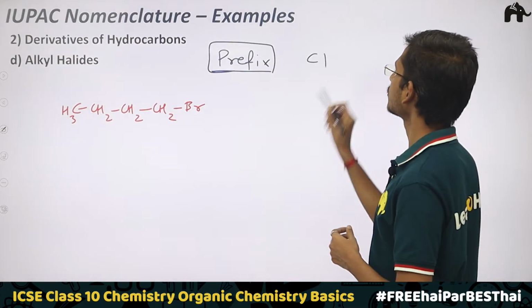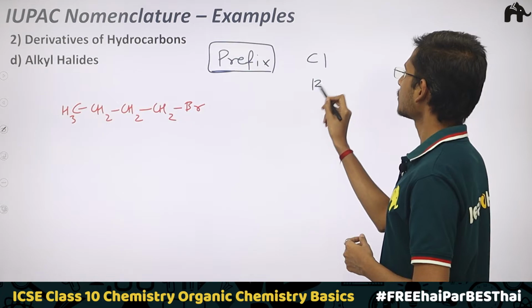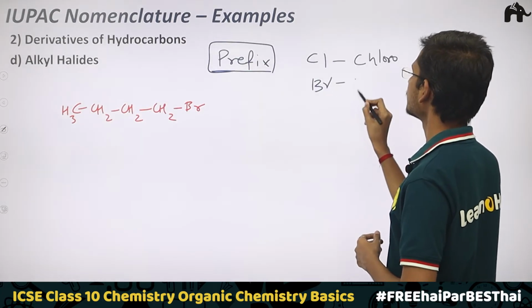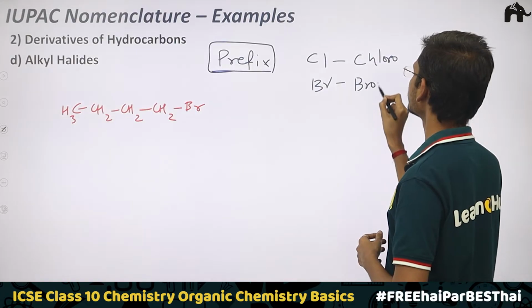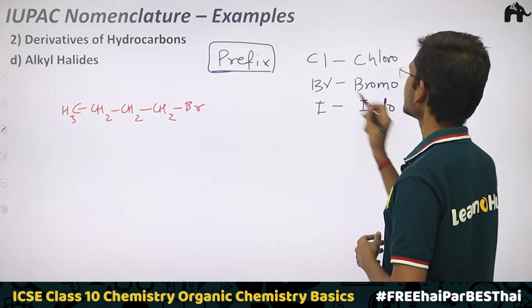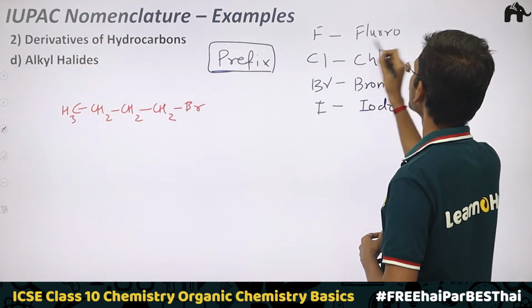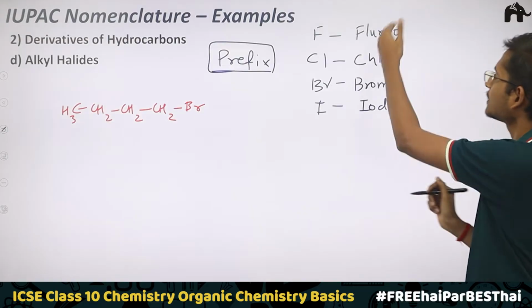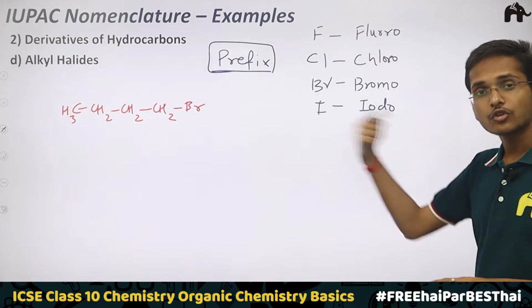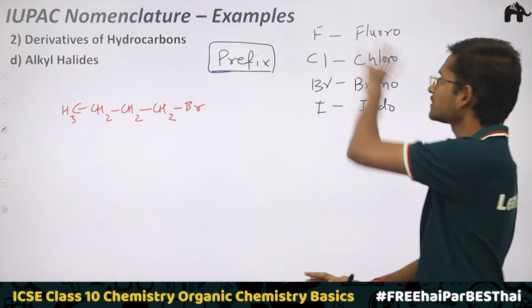If chlorine is there, we write "chloro" as the prefix. If bromine is there, we write "bromo". If iodine is there, we write "iodo". And if fluorine is there, we write "fluoro". So these are the names which we write as prefixes before the root word if a halide functional group is present. You need to remember this.